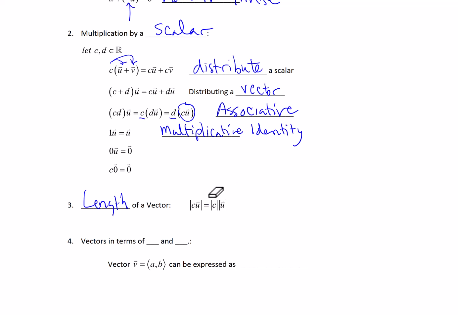So if you multiply c times vector u and take its magnitude, that's the same as the absolute value of c times the magnitude of vector u, is what that property is saying.